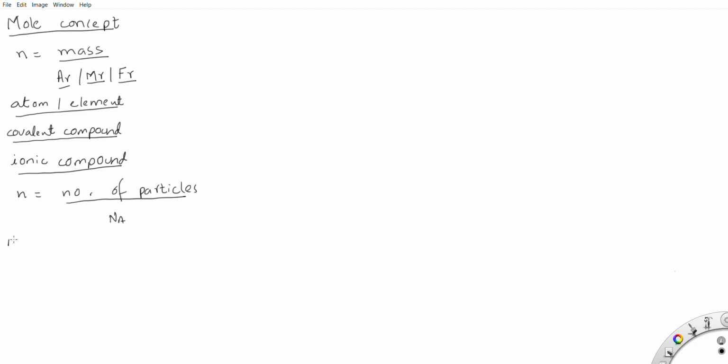Amedeo Avogadro was a scientist who calculated the number of particles in 1 mole of a substance, and he rounded that up to Na, that is 6 times 10 exponent 23 particles make up 1 mole.